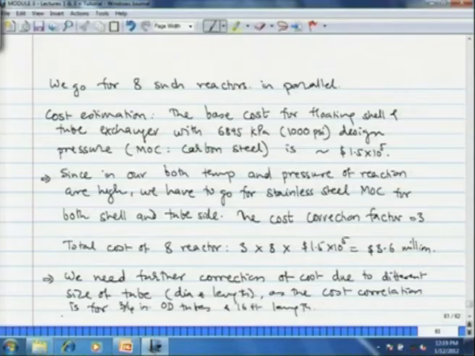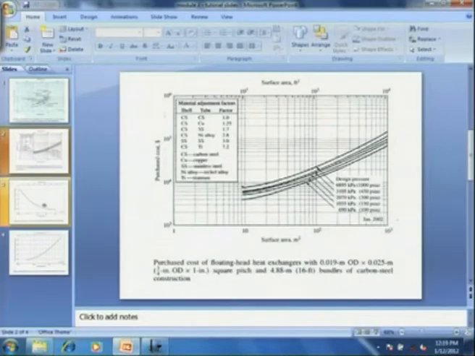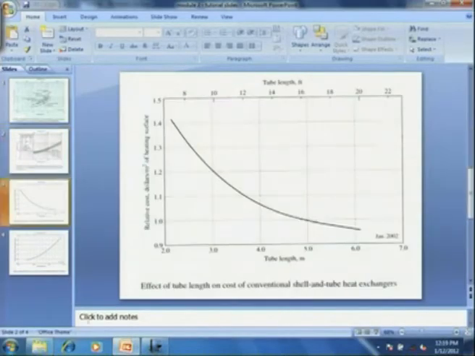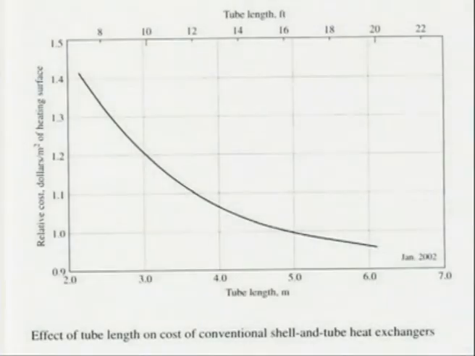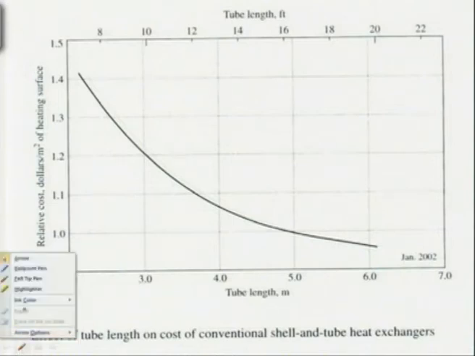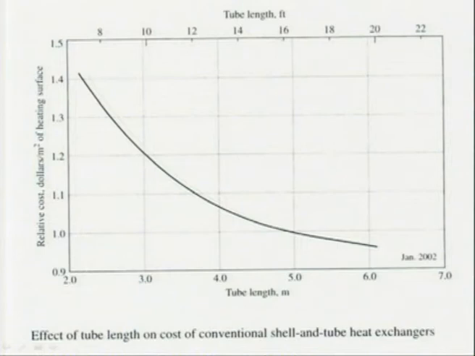Now, we go for the additional correction factors, the correction factor for the tube length and the correction factor for the diameter. The tube length in the correlation was 16 feet, ours is 20 feet. So, we have to choose the correction values for 16 feet and for 20 feet, and then take a ratio.